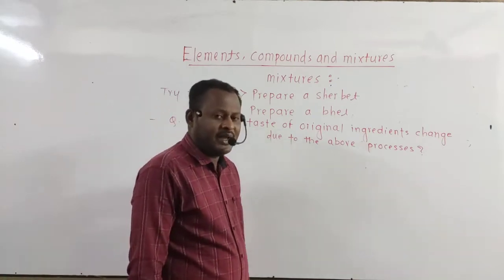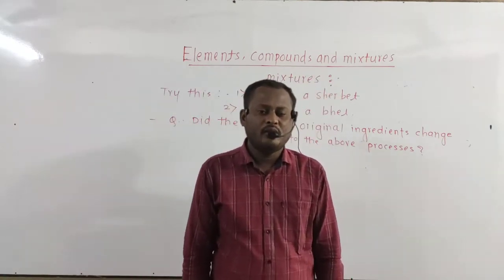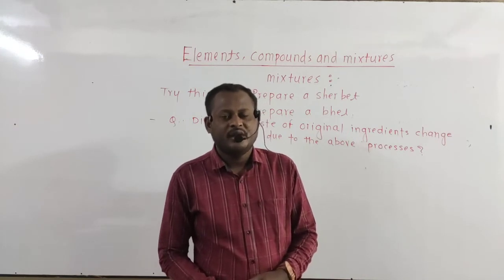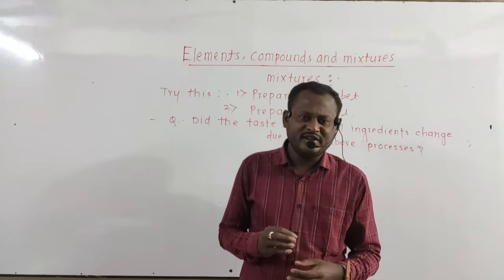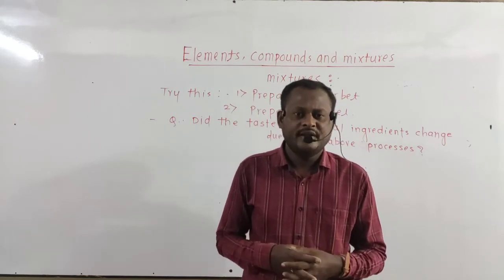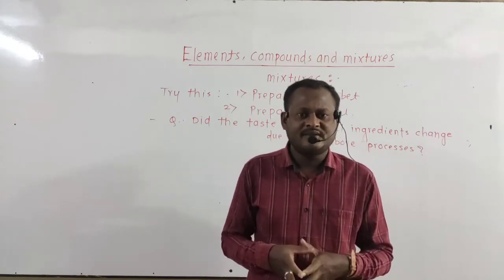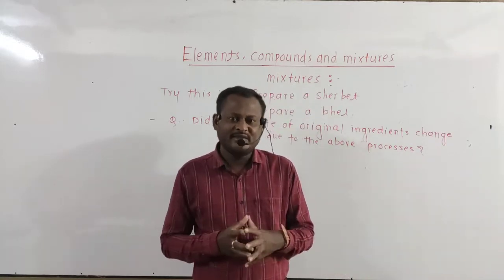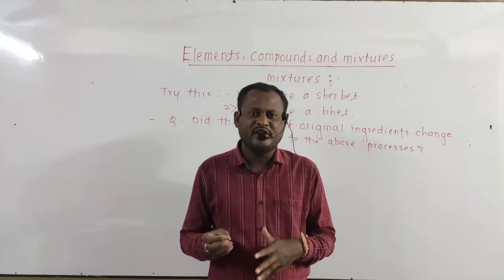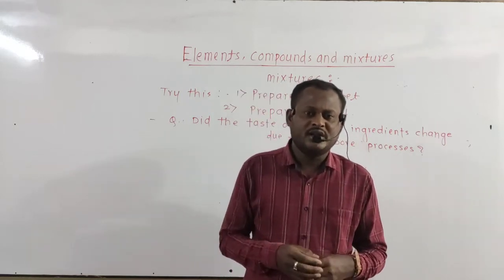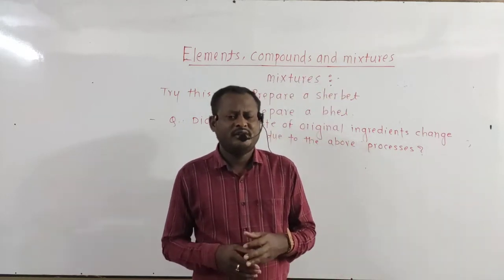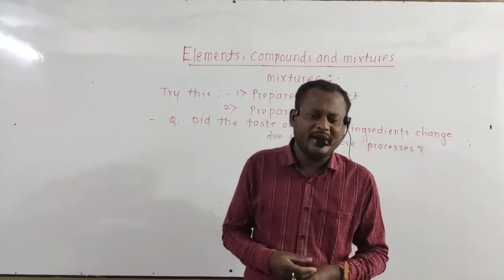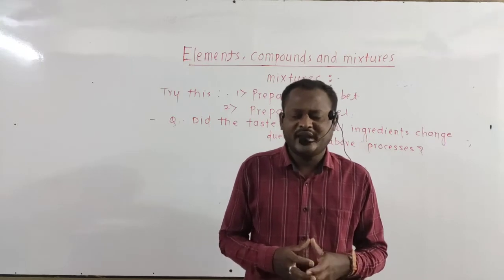Then about bhel. While preparing bhel, we mix different ingredients: tomatoes, chilies, masalas, onion, some quantity of sugar, and somebody can add other things also. By adding these we make a bhel.